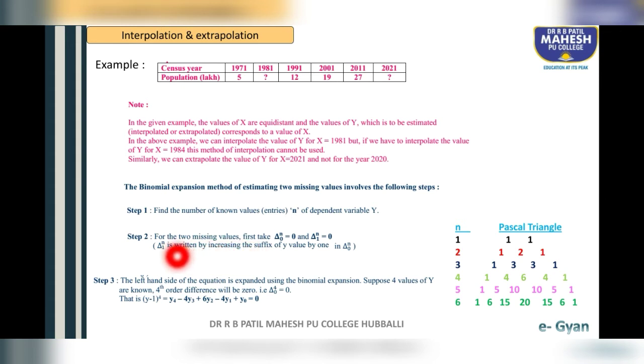Next, the plus and minus signs. When you are expanding the series, the first sign is always positive: plus, minus, plus, minus, plus. So the y values and plus minus signs you have to write logically. But what about these numbers? 1, 4, 6, 4 and 1.